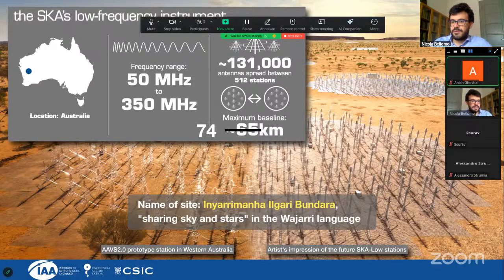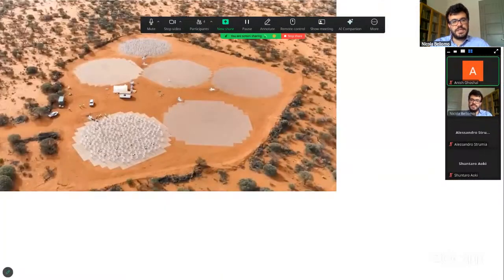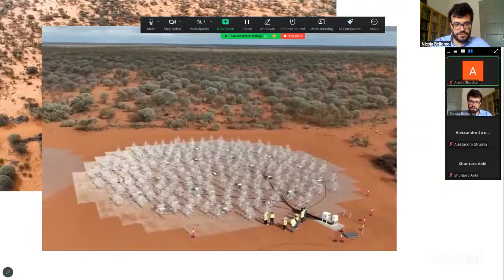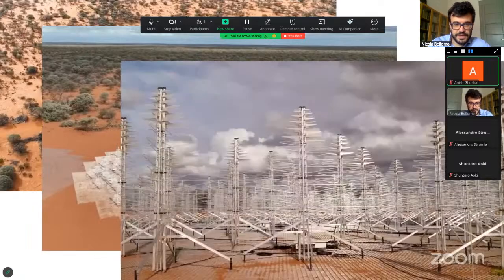In the background, what you can see is an artistic rendering, but since the construction is ongoing, I'm able to show you the actual deployment of the antenna radial arrays. Every bunch that you can see is made of around 200 antennas that work as a single one, and it's going to perform interferometry.